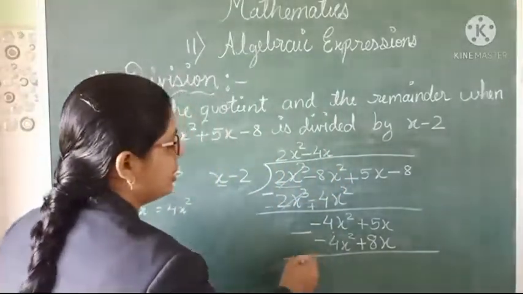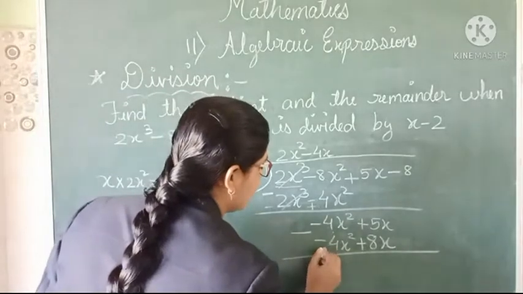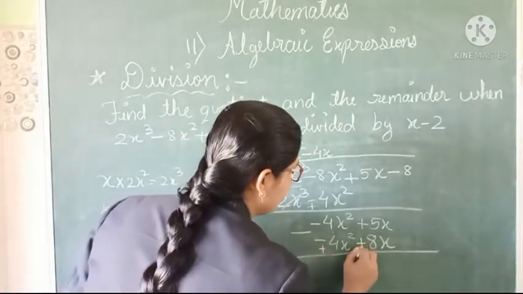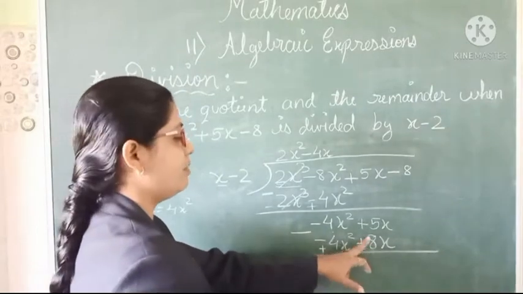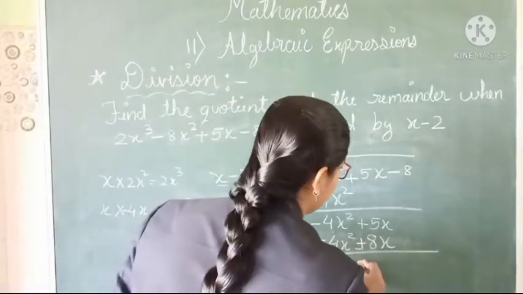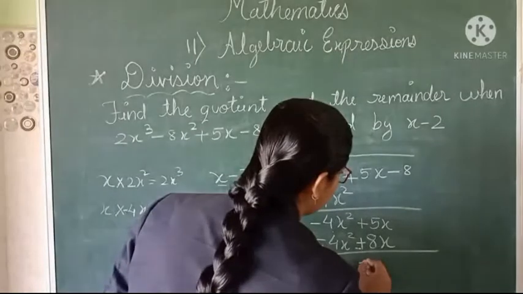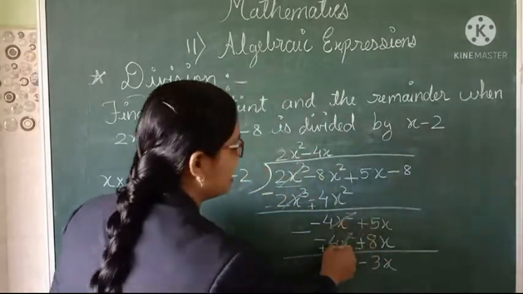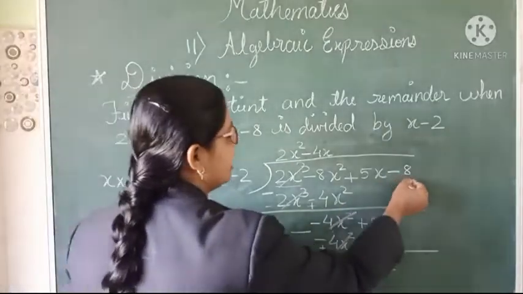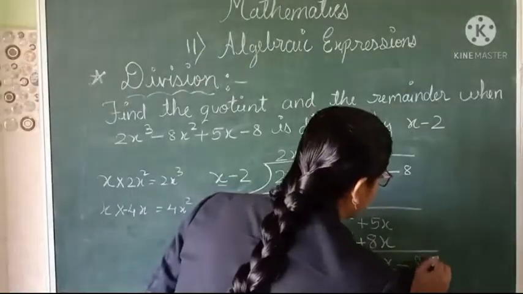First negative, then we have to change the sign. Plus, here it will be minus. So 5 minus 8. We take the greater number's sign and do subtraction. So it will be negative 3x. And this will get cancelled. Now what is remaining? Negative 8.